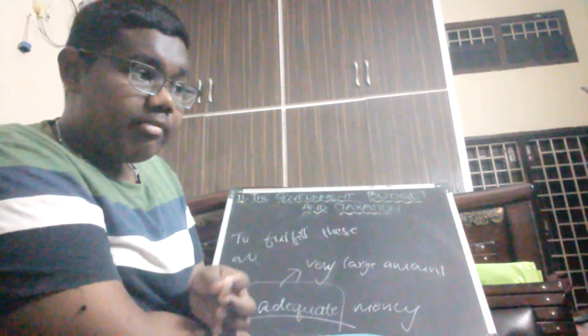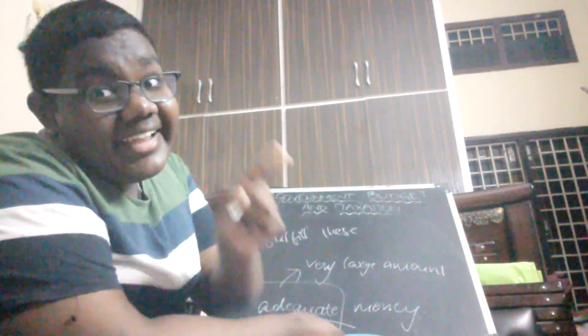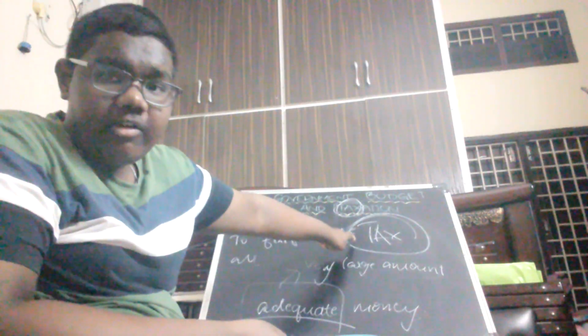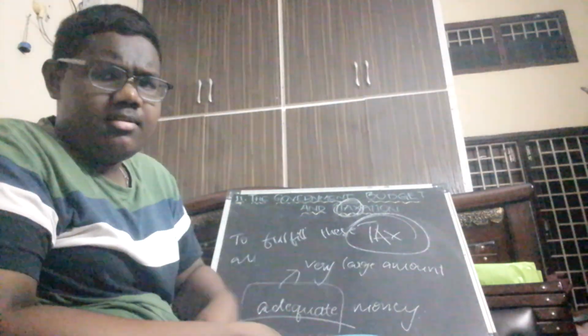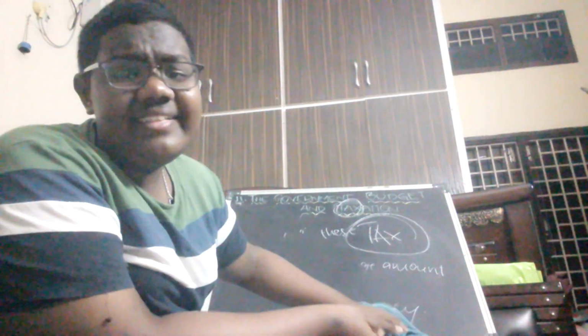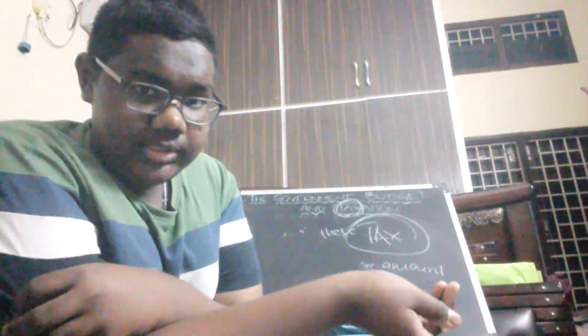Okay, so in order to collect that money, it collects money in the form of tax. In the form of tax. Okay, hope you understood why the government collects tax. If there is a question, you can write.